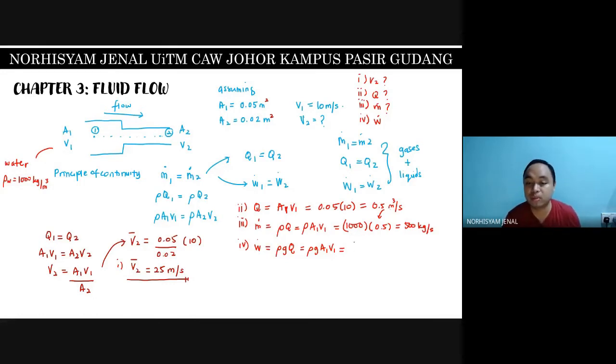Rho times G will be 1000 times 9.81 times the 0.5 here. So weight flow rate should equal to 4905 Newton per second.